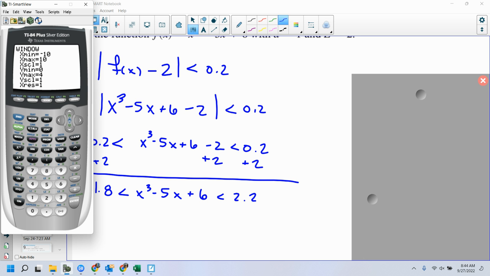Okay, so I'm going to set x minimum. Looks like it's 1.7. X maximum, let's say 2. Oh, no. I'm sorry. I'm looking at the y values. That's why it's throwing me off. 0.8. Okay.